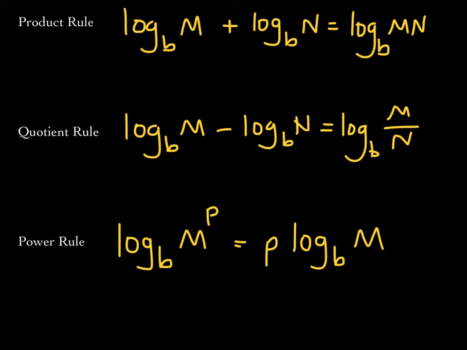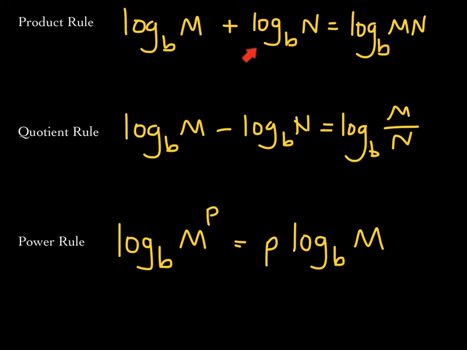Now the rest of this lesson will focus on 3 rules: the product rule, the quotient rule, and the power rule. The product rule says that if you have a sum of logarithms with the same base, then you can rewrite the sum of 2 logarithms as a single log, and what you would do is multiply the 2 arguments together, this argument times this one.